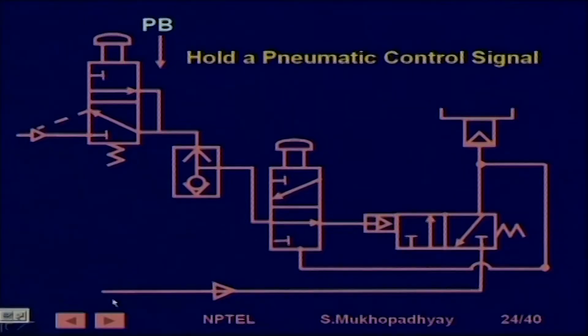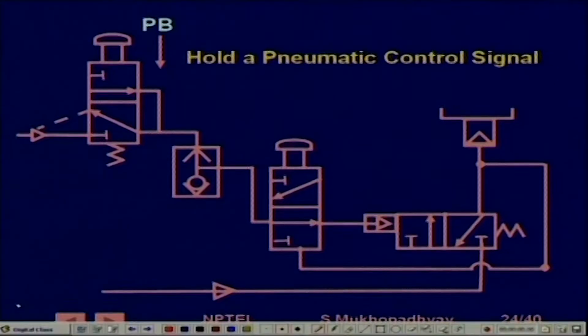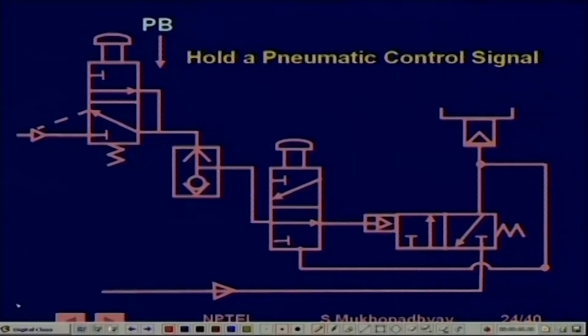Similarly, we show another application. This is a very interesting application where we are realizing something like a pneumatic latch. In digital electronics we have studied about latches, so we are talking about a latch here. Then what happens? We actually want to move this cylinder, or maybe it's a big DCV.